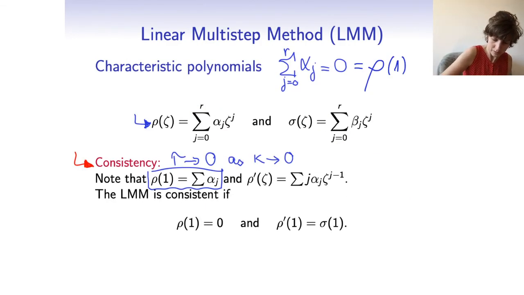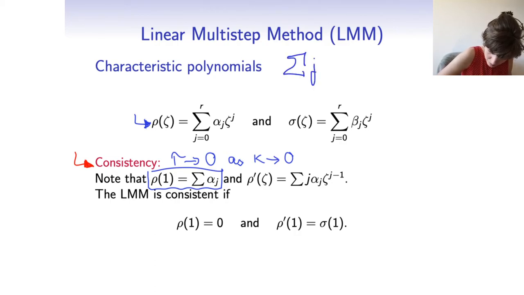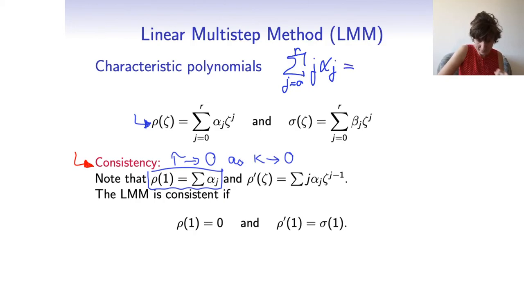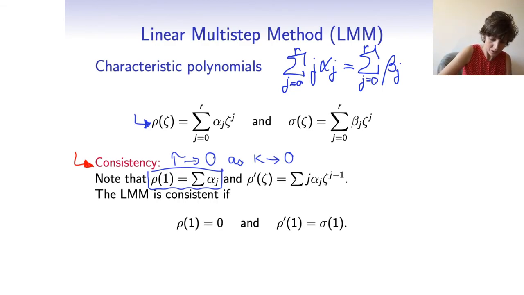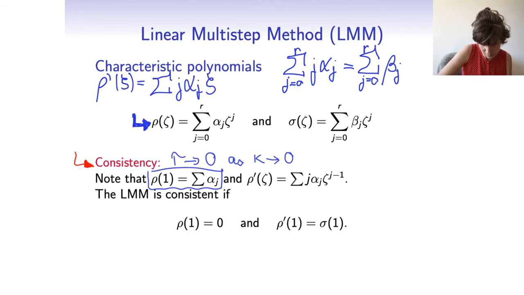So we want that the sum of j times alpha j for j going from 0 until r should be equal to the sum of beta j for j equals 0 until r. And we just notice that if rho prime of this letter psi is the sum of j times alpha j times psi to the j minus 1, for j going from 0 until r.